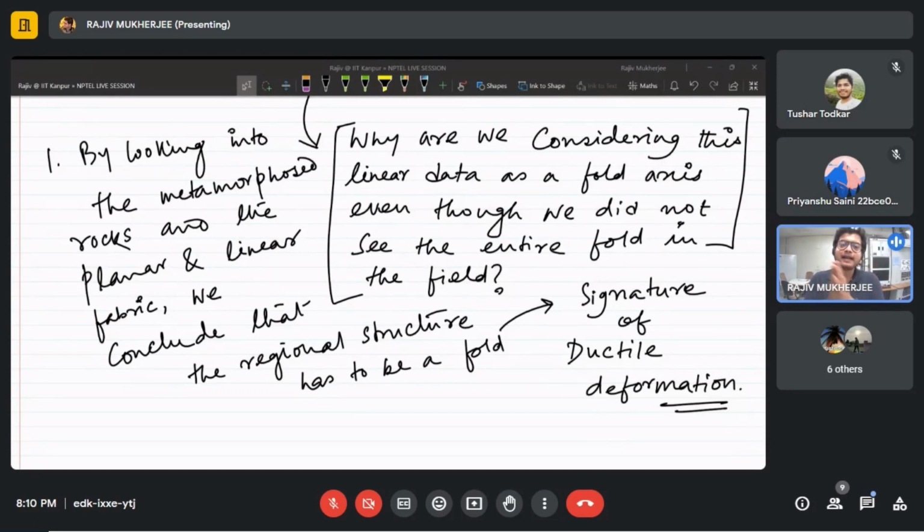So planar and linear data are both useful in different ways. Whereas planar data mostly tells us about the geometric disposition of the feature we are trying to observe, the linear data helps us tell how many phases of deformation have occurred and whether the deformation has changed spatially in the map.